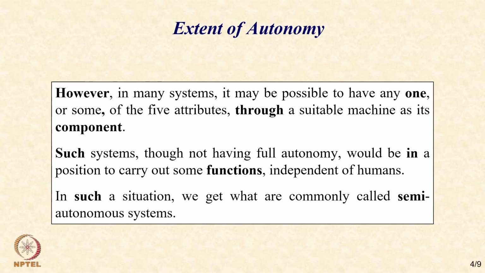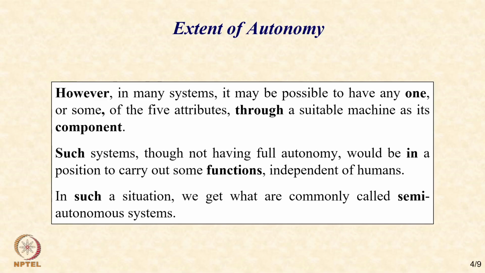And all such systems which have not reached the level of full autonomy will be called semi-autonomous systems. All of them will come under the basic umbrella of a partially autonomous system.